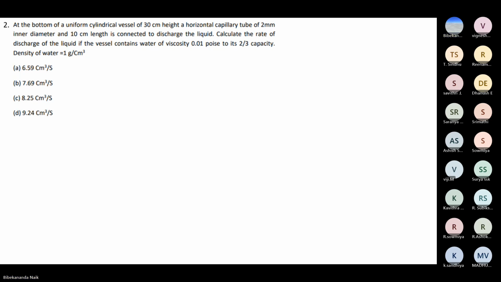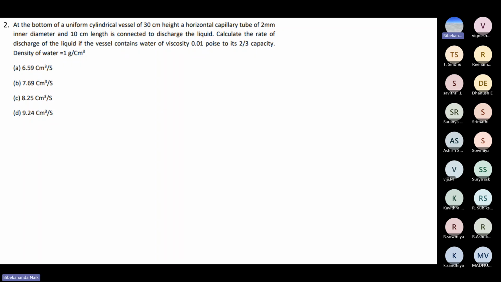The options are 6.59 centimeter cube per second, 7.69, 8.25 or 9.24 centimeter cube per second. Basically we need to find the rate of discharge, which is volume per second.